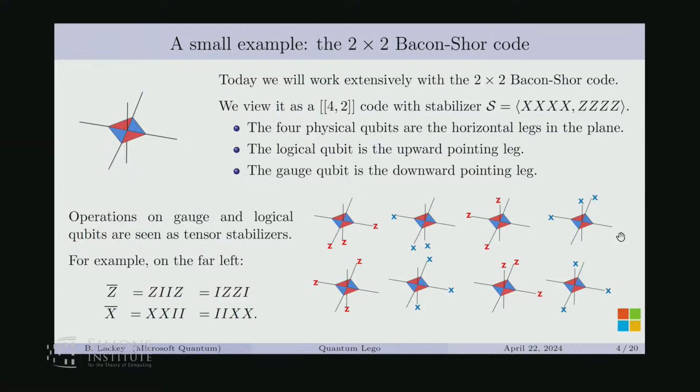If this is a stabilizer for the code and I write down a logical Z and I want to understand how that logical Z operates on the underlying code, since this stabilizes it, I can imagine taking this Z and pushing it through this figure and out the 2 legs, and that gives me a physical representation of the logical operator. Similarly with X, but it goes out a different pair of legs in this case.